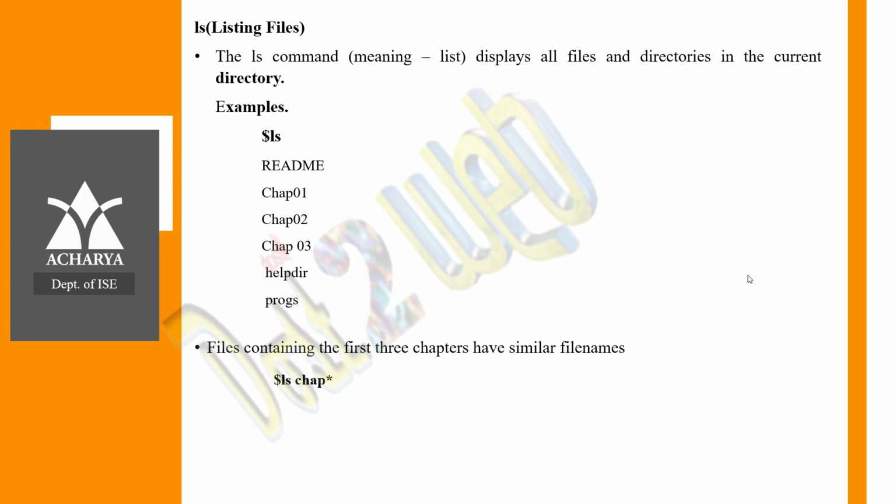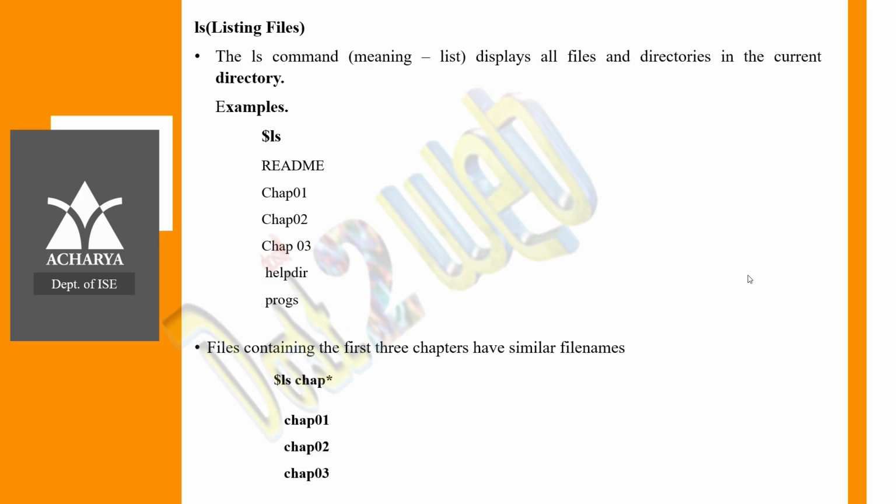Whatever spelling you use, chapter or chapters, if the first letters match chap, I want to display the list of all those files. Then you write the command ls space chap asterisk, a star symbol. The moment you type it, all the results will display like this.